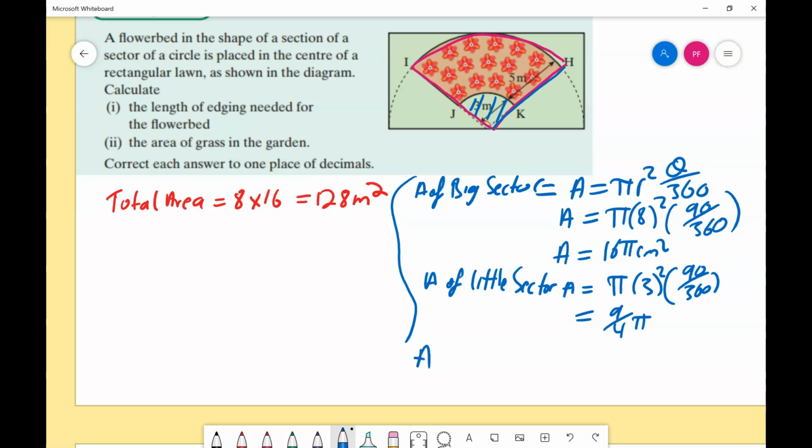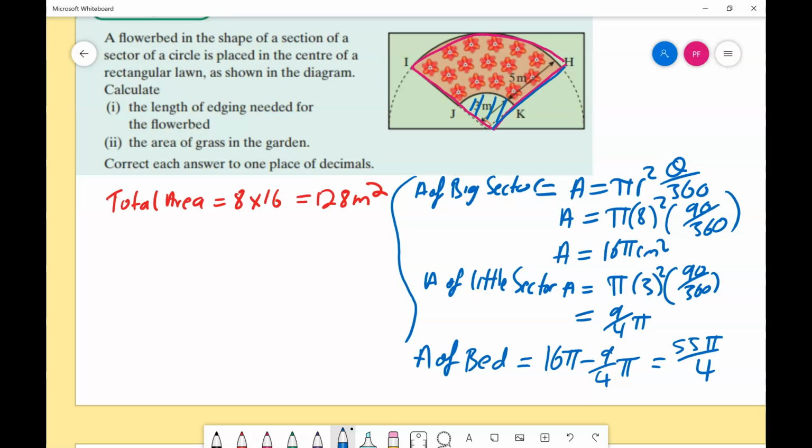So the area of the flower bed is going to be 16 pi minus 9 over 4 pi. So let me see, 16 pi minus 9 over 4 pi is going to be 55 pi over 4.